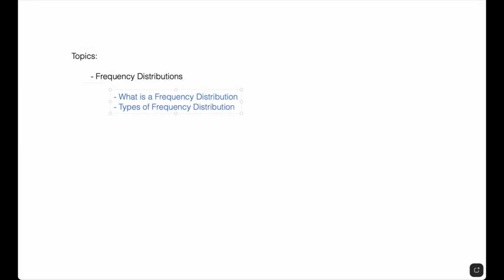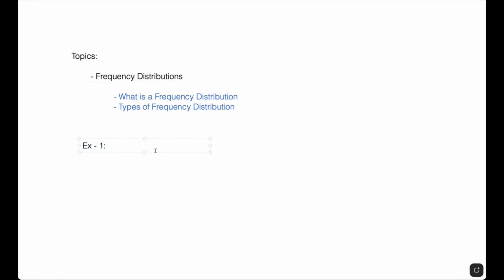So let's start with an example. Suppose that will be your example one, okay? Suppose we decide to collect the data of the number of people with different hair colors.